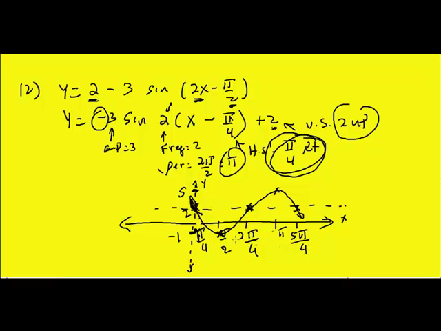Remember, my y-axis has to be at 0. So which way should I move my y-axis? To the left or to the right? To the left. It's got to be at 0, right? So I got to move it somewhere to the left. Call that my new 0. So this is going to be my 2.